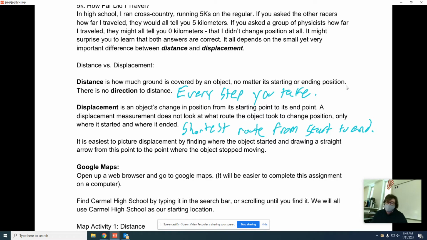It's easiest to picture displacement by finding where the object started and drawing a straight arrow from this point to the point where the object stopped moving. So this is what we did in kind of the last step of our lab, where we measured from our starting line to our ending line in a straight line. That is going to give us our displacement. It's the shortest possible route from where we started to where we ended.